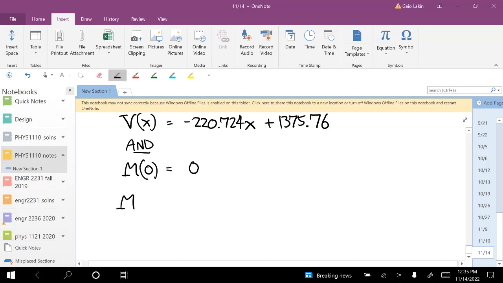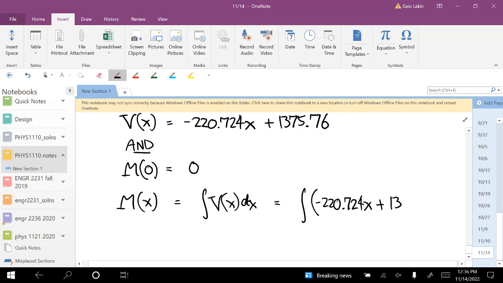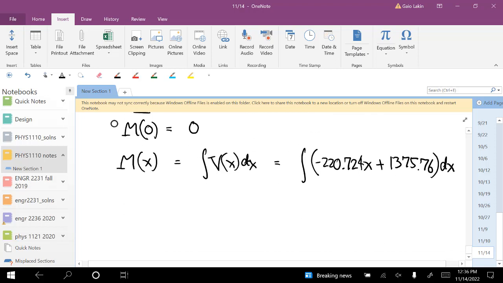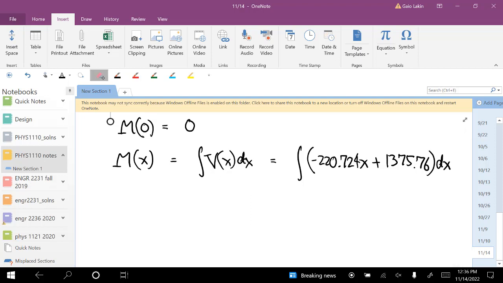Okay, so M of x is the integral of V of x with respect to x. And so that's the integral of negative 220.724x plus 1375.76. This is cut 1. Did I use the wrong one? Yes, thank you.